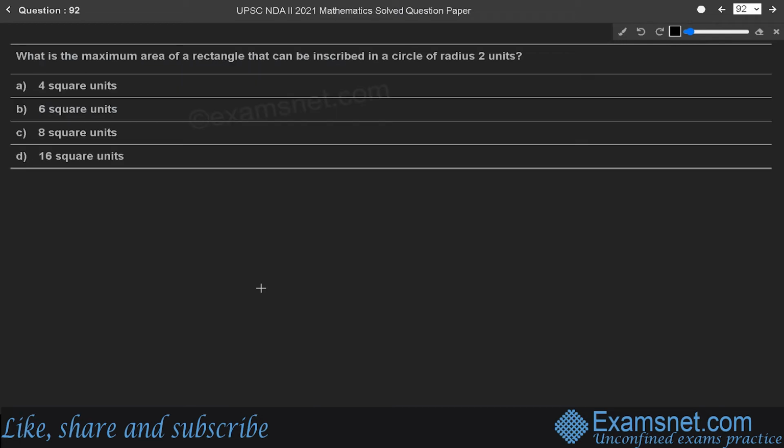Next question is, what is the maximum area of a rectangle that can be inscribed in a circle of radius 2 units? Before moving on to this question, there is a very basic concept, so first let us see that concept.